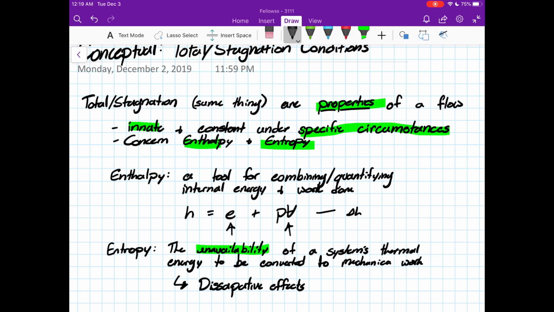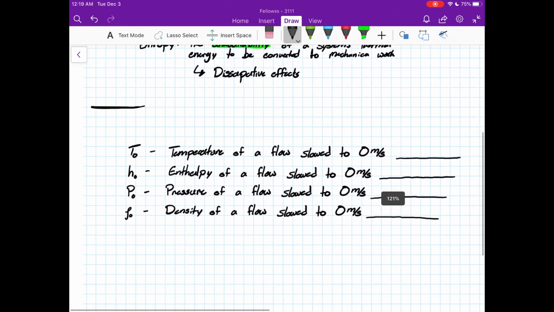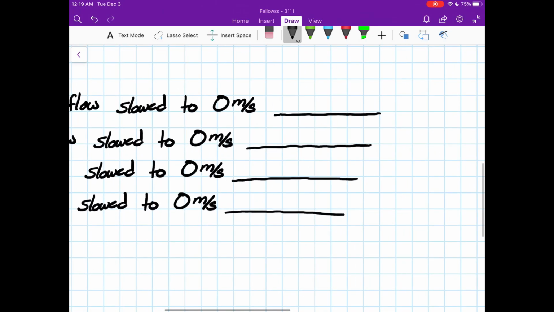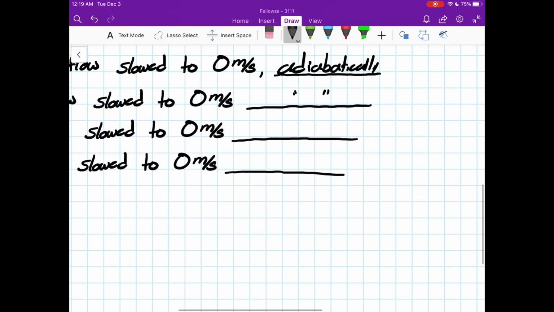So given this, let's talk about the big four. We use these a lot. We have T naught, H naught, P naught, and rho naught. This is the temperature, enthalpy, pressure, and density of a flow, and specifically of that flow slowed to 0 meters per second. And specifically, adiabatically, and then isentropically.